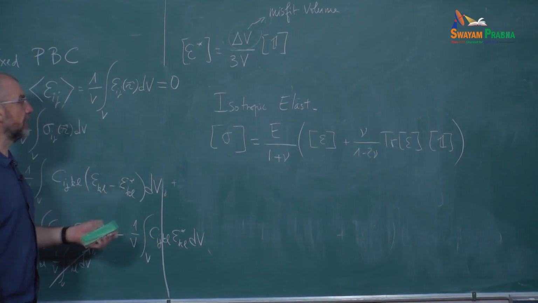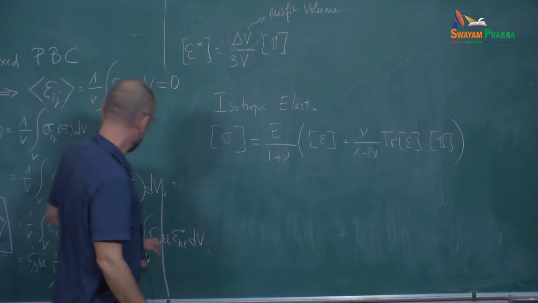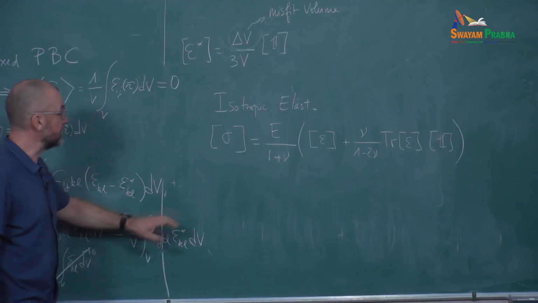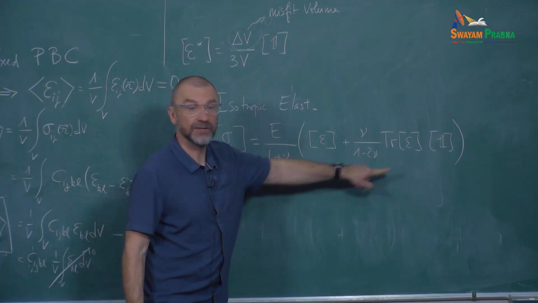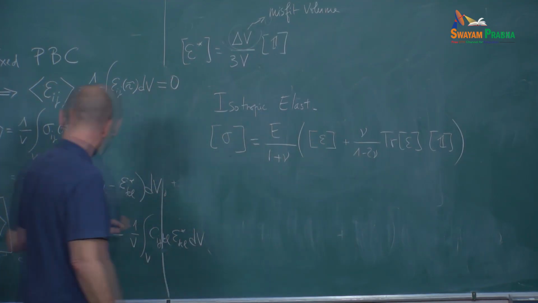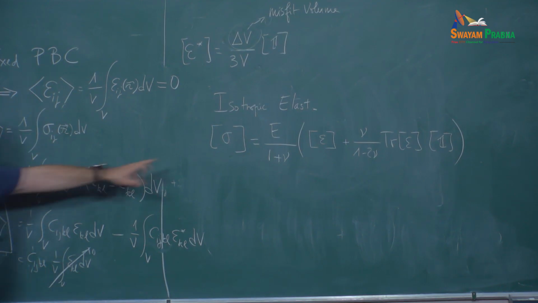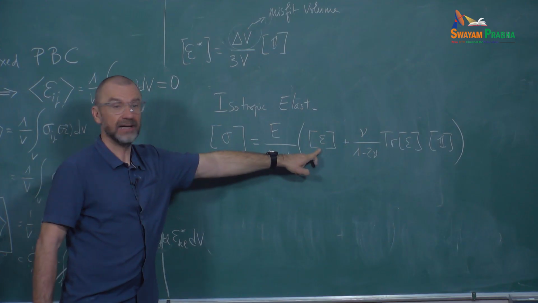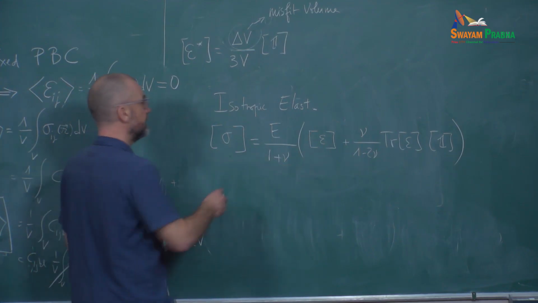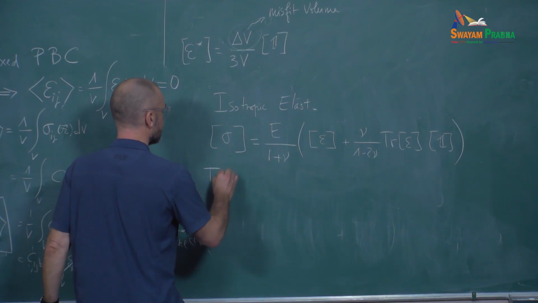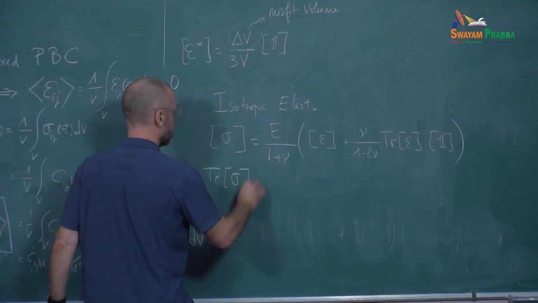Yes, so that's Hooke's law. And basically the C_ijkl matrix is hidden in this sum, right? What I need is to invert that relation so that if I know sigma, I can get epsilon. And to invert, it's very simple. I take the trace of that expression.